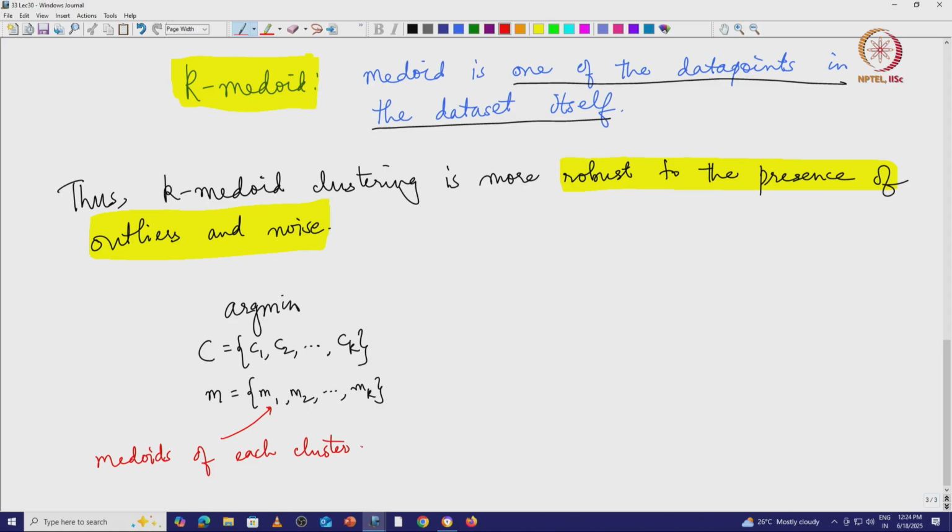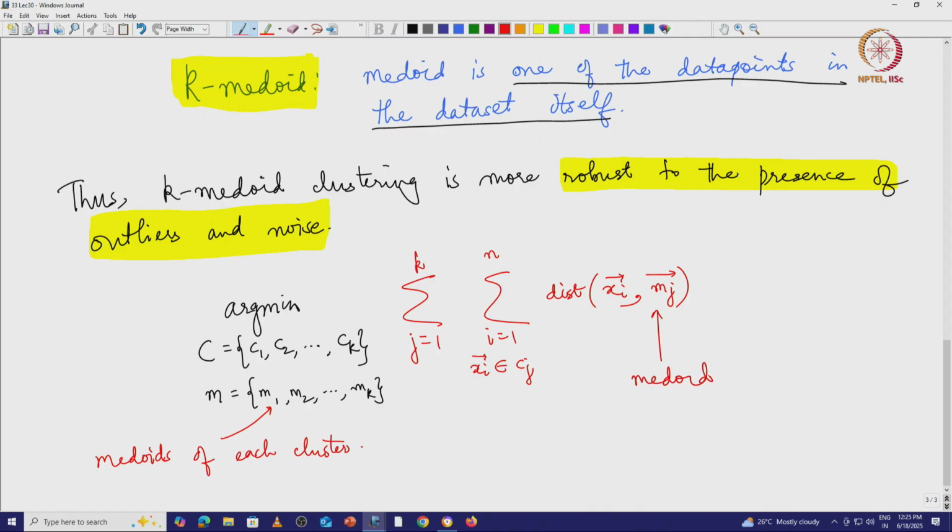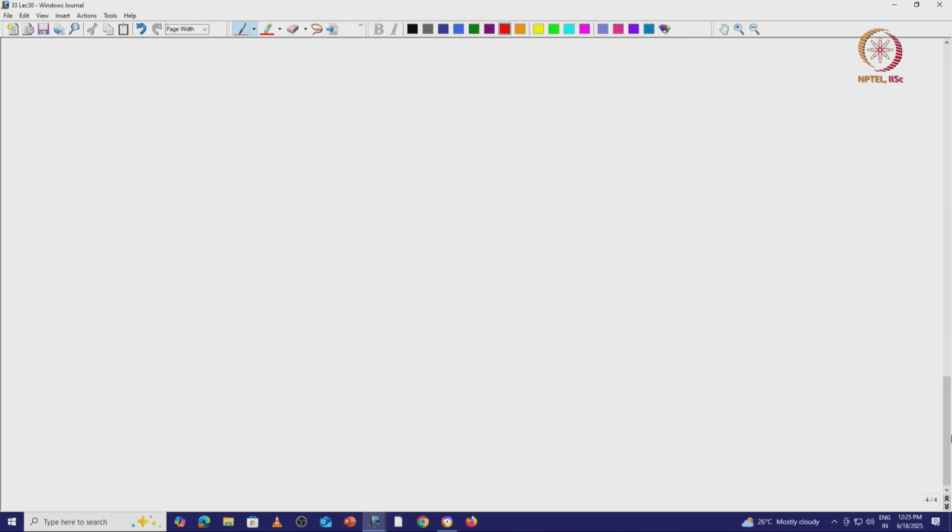Okay. So now again you sum over all the clusters j equals 1 to k, then you sum over all the points within each cluster. So i goes from 1 to n, but xi must belong to the cluster j, and then you just minimize the sum of the distances between each point and the medoid. So this Mj is the medoid, and you can also formally write what is Mj.